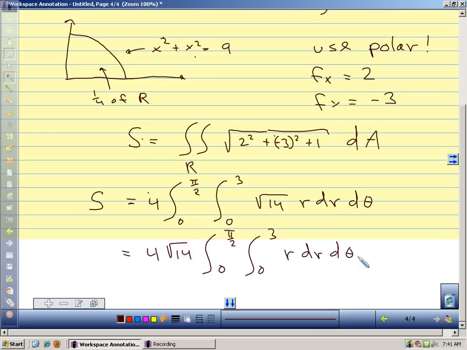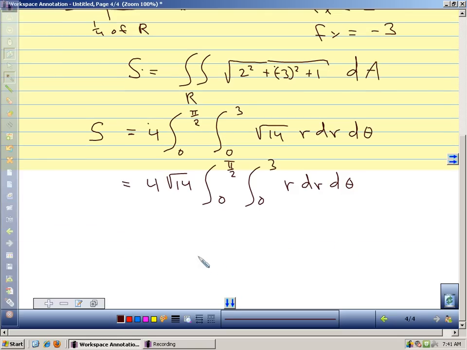What's the integral of r dr d theta? It's just the area of the circle, right? This is just the integral of dA, and our region is a circle. So the integral over the region of dA is just the area of the region. So this ends up being 9 square root of 14 times pi.